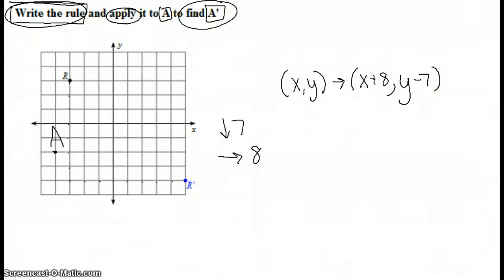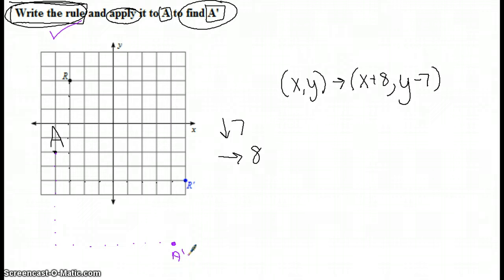Now I need to apply that same transformation to A. So I'm going to take A, apply the same rule to find A prime. I know that I wrote the rule already, so I'm going to check that off. 1, 2, 3, 4, 5, 6, 7. 1, 2, 3, 4, 5, 6, 7, 8. A prime would be located down here.